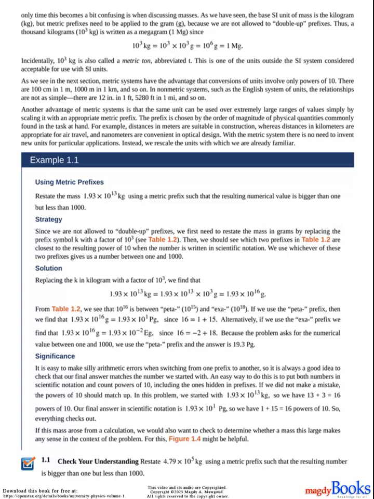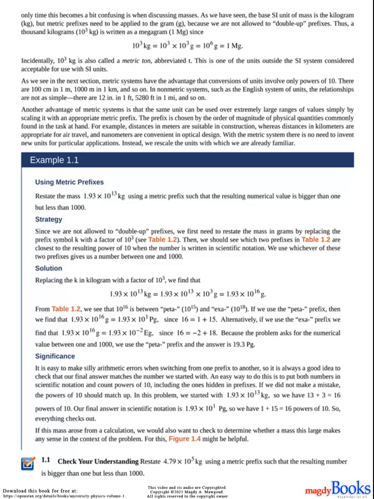If we use the peta prefix, then we find that 1.93 multiplied by 10^16 gram equals 1.93 multiplied by 10^1 petagram, since 16 equals 1 plus 15.